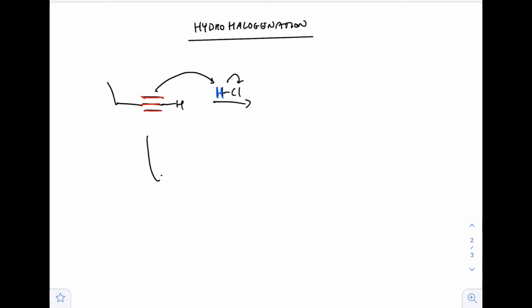And so we attack, and we get that chloride leaving, and that forms this new intermediate species where we have a vinyl cation. Okay, and so that blue hydrogen is there. The red bonds indicate that's where the electrons kind of came from for the original triple bond. You should also know that that positive carbon is sp hybridized still.